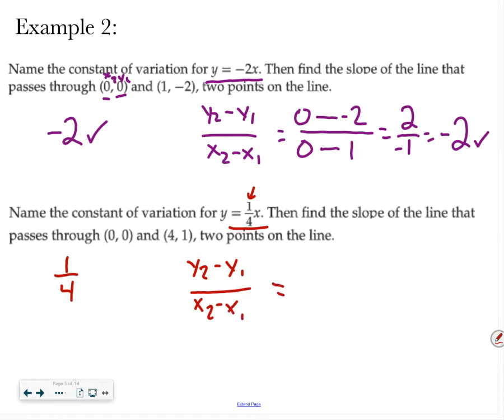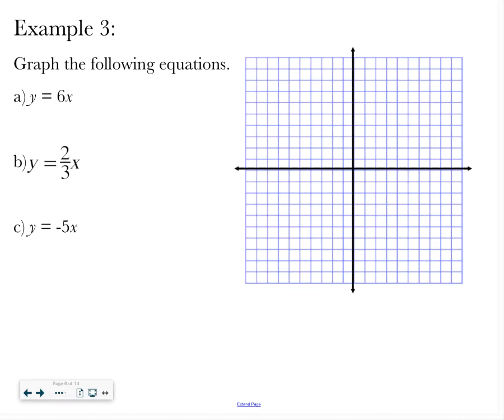So this time I'll say this is x2 and y2, x1 and y1. So y2, that's 1 minus 0 over x2, which is 4 minus 0, so that is the same as 1/4. So our constant of variation checks out to be the same thing as our slope.